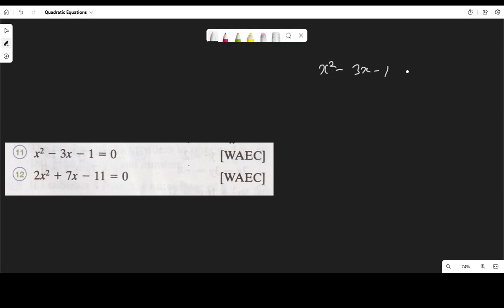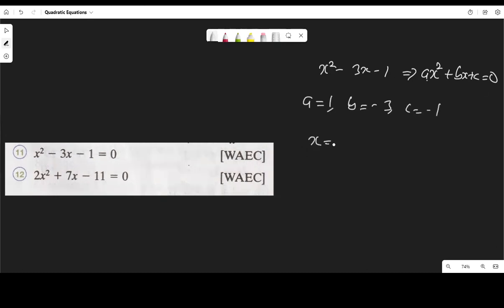If I compare it with the general quadratic equation, which is ax squared plus bx plus c equal to 0, a corresponds to the coefficient of x squared, which is 1, so a is equal to 1. Then b corresponds to -3, while c corresponds to -1.